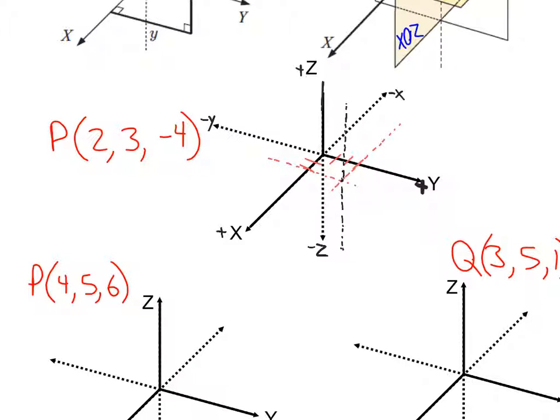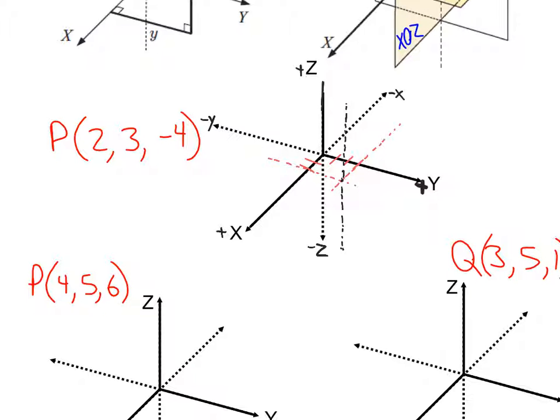Right there are all the points where x is 2 and y is 3, but if z equaled 0, I would be right here. If z equaled 1, I would be up a unit. If z equaled 2, I'd be up 2. Z is -4 in this case, so I'm going to go down 1, 2, 3, 4 units. And that's where the point is going to end up, okay?